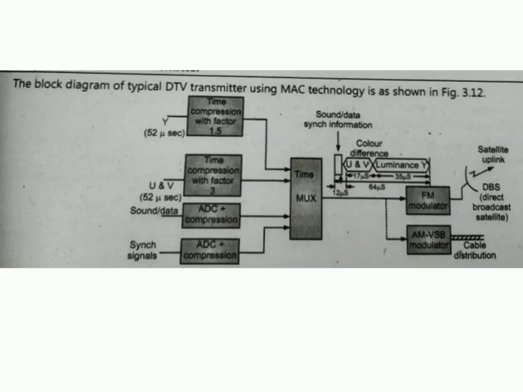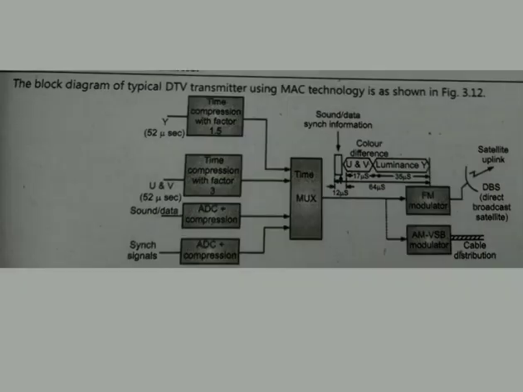In this particular MAC signal broadcasting, we are not using terrestrial broadcast; that is not applicable for this MAC signal. Thus, the MAC DTV transmitter is used to transmit the MAC signal for DBS broadcast using FM modulation and for cable broadcast using AM and VSB modulation.